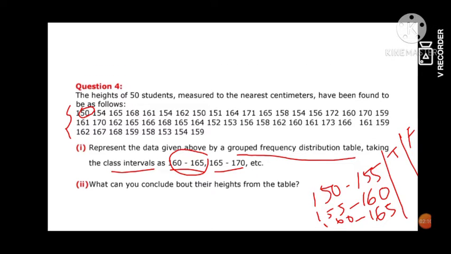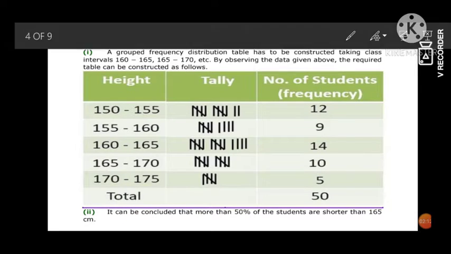After that we will have tally, and at the end we will have frequency. So this is how our frequency distribution table should look. Let us see the answer. You can see a grouped frequency distribution table has been constructed taking the class interval as given in the question, that is 160 to 165, 165 to 170, that is the class size is 5. By observing the given data, the required table is constructed.